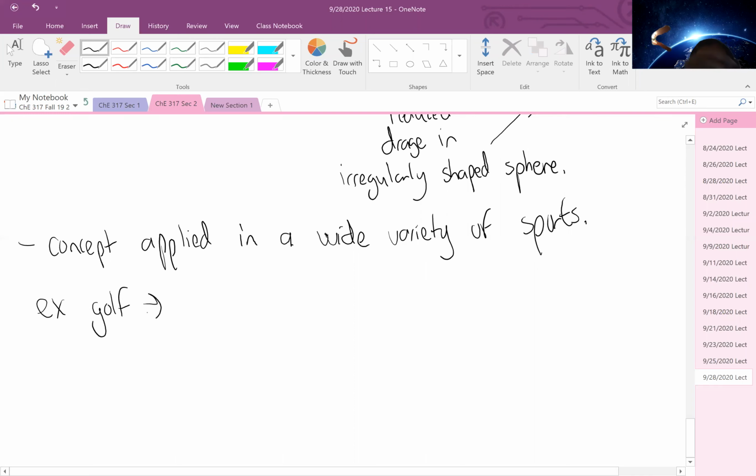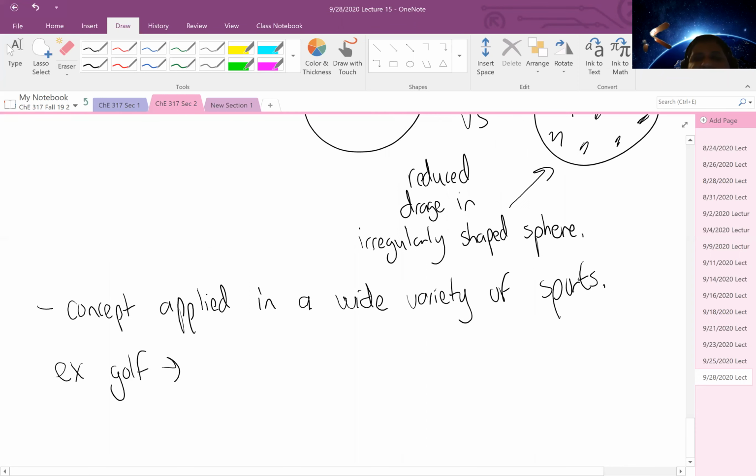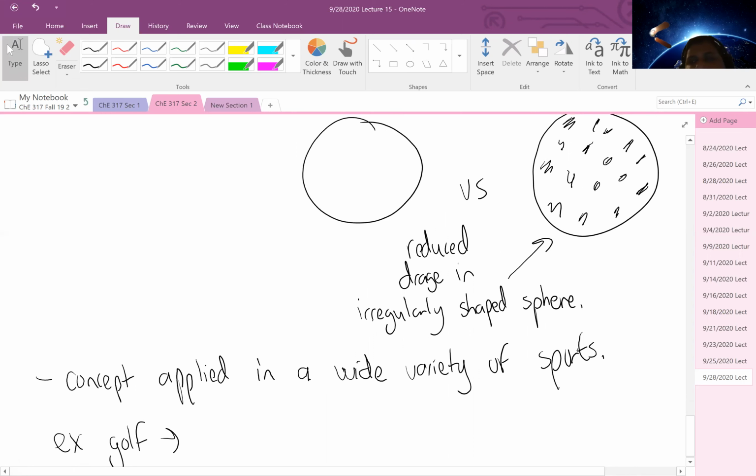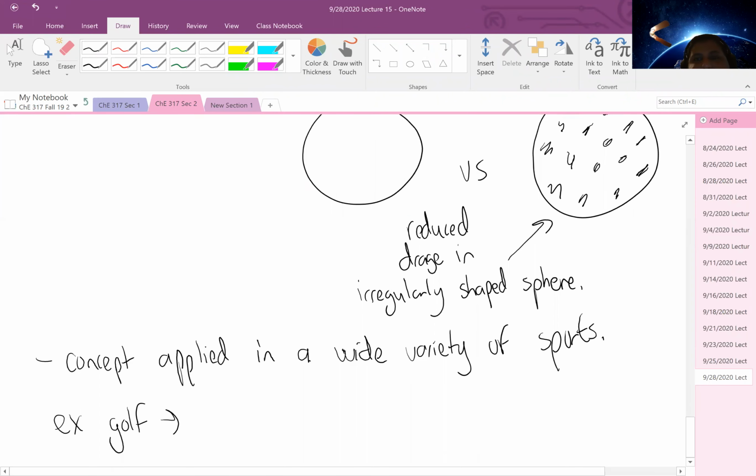And they found that fresh balls didn't go quite as far as worn-in balls. Balls that had been struck a number of times had imperfections and indentations, and these imperfections actually caused this reduction in drag, which allowed the balls to fly farther.